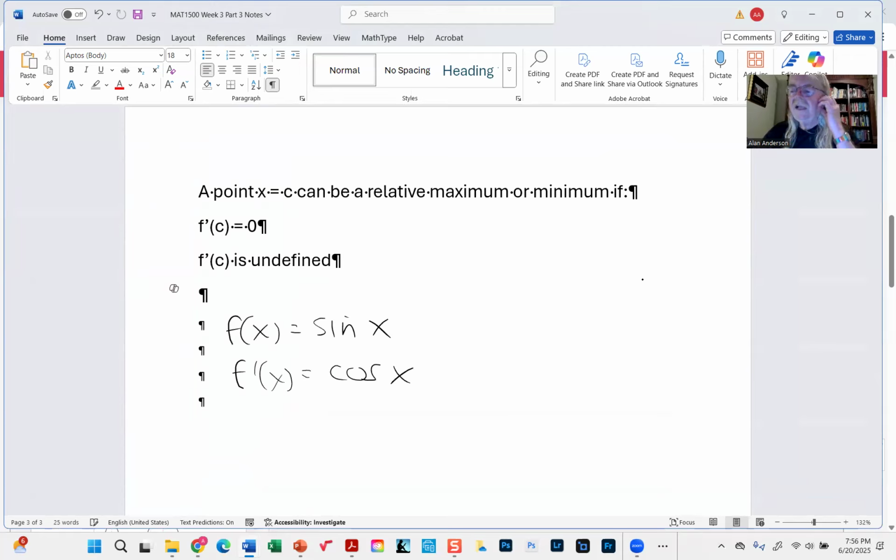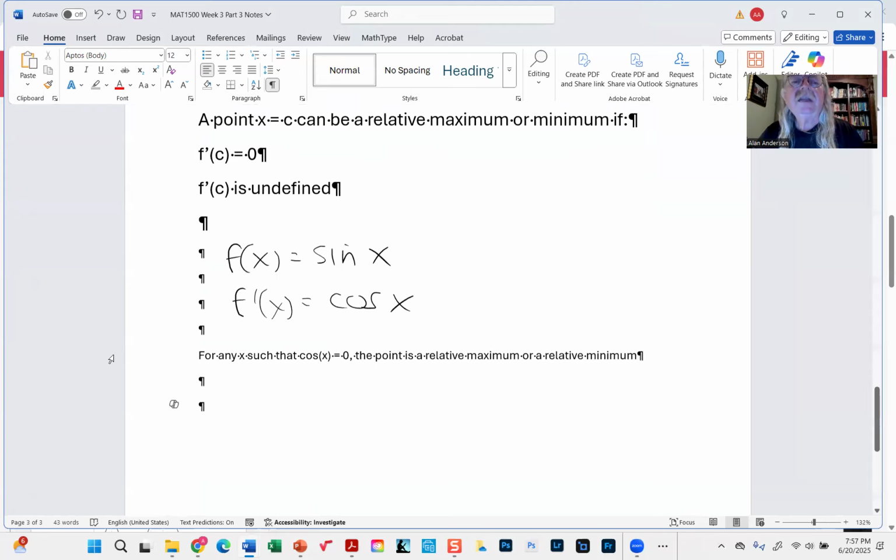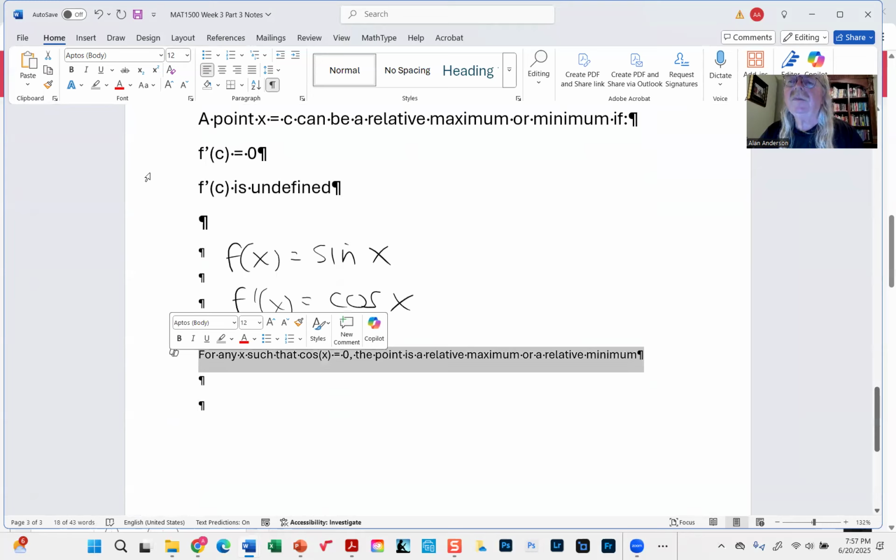So for any x where the cosine is 0, the point is a relative maximum or a relative minimum. And you can see there's actually going to be an infinite number of them because the domain for the function y equals sine of x is infinite. It goes all the way from negative to positive infinity. So this is a case where there's going to be multiple points that represent a relative maximum or a minimum.